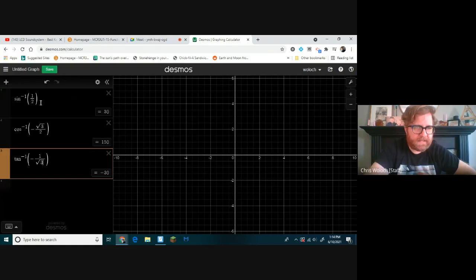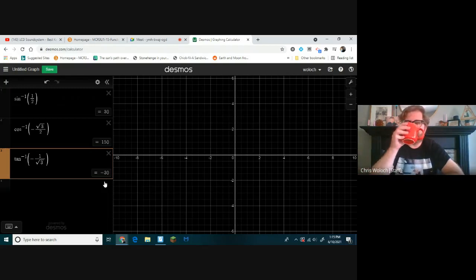So check it out. When I use each ratio, if I use sine, I get 30. If I use cos, I get 150. If I use tangent, I get -30. So what you have to understand is that I'm going to get different values depending on where I am on the XY plane, which quadrant.